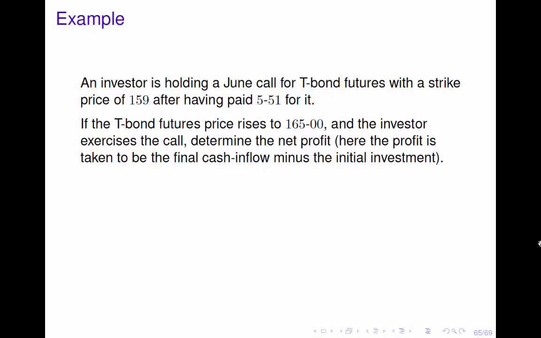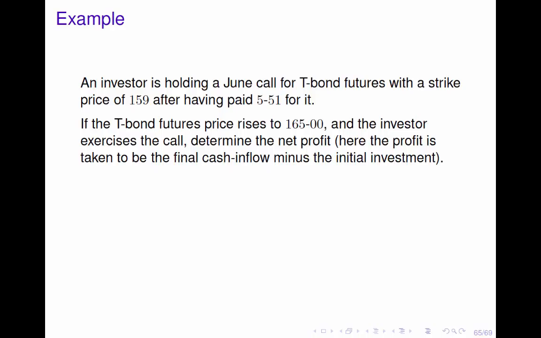Here's an example. An investor is holding a June call for T-bond futures with a strike price of 159 after having paid 5-51 for it. Determine the net profit if the T-bond futures price rises to 165-0 and the investor exercises the call.